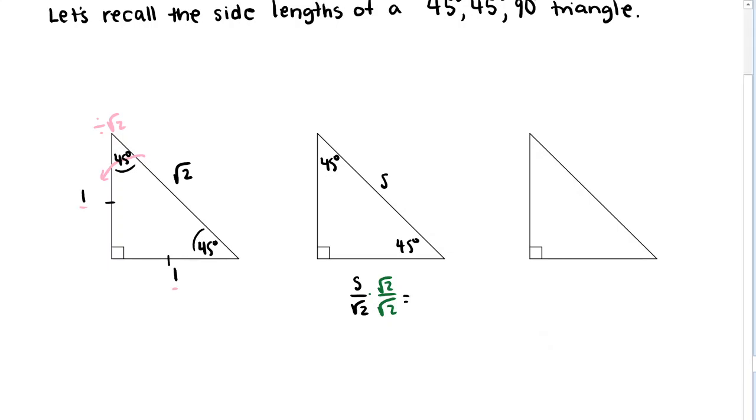And so we end up with S times the square root of 2. And then this square root of 2 multiplied by the square root of 2, that's just 2 itself. And so we can think of this as S times the square root of 2 over 2 as a whole. That's really what this side length is. It's just another way of saying S divided by the square root of 2.